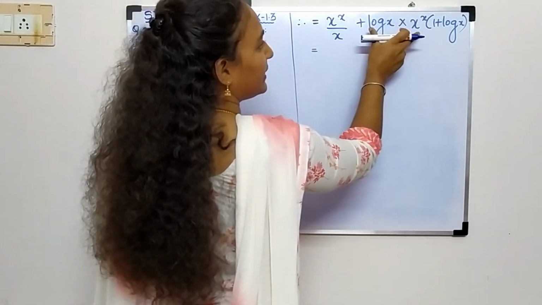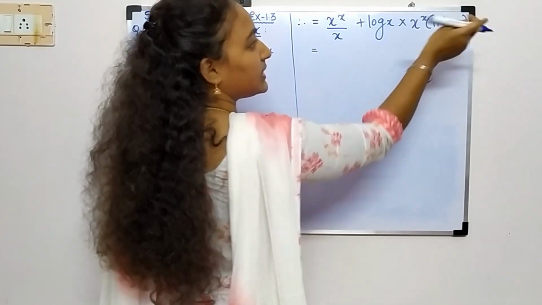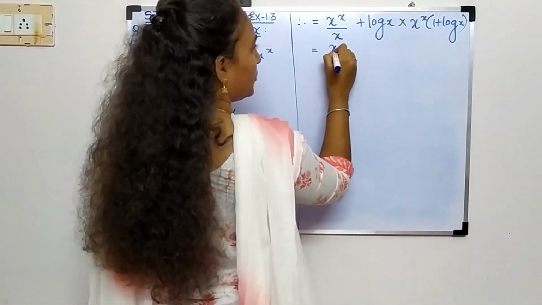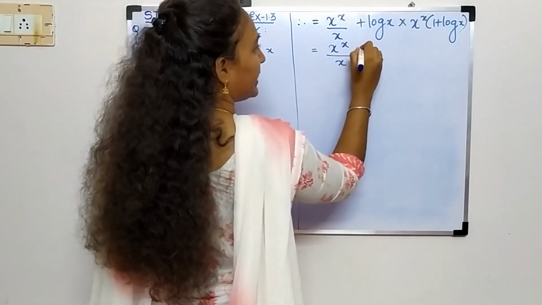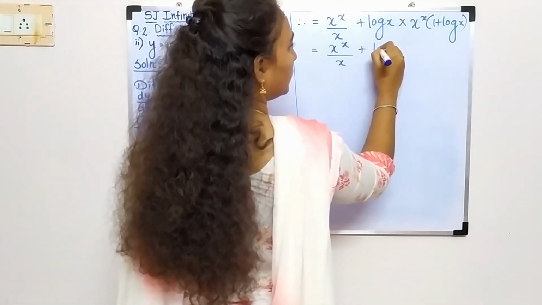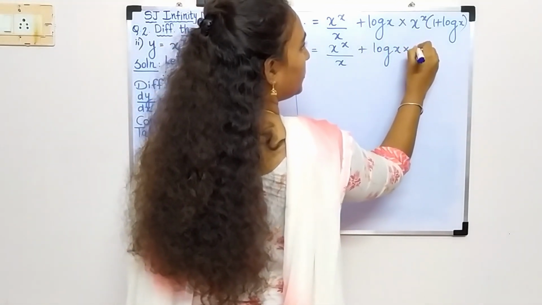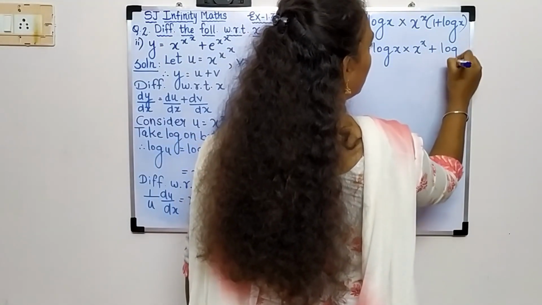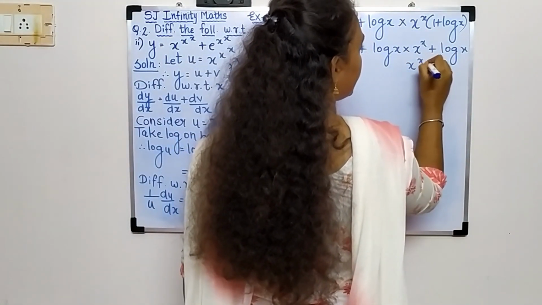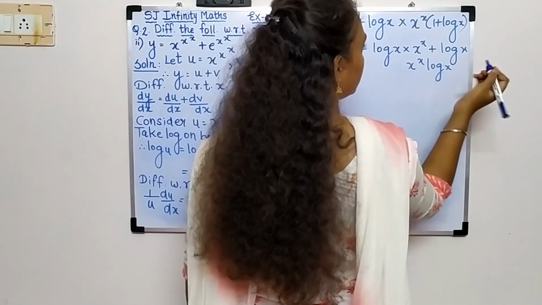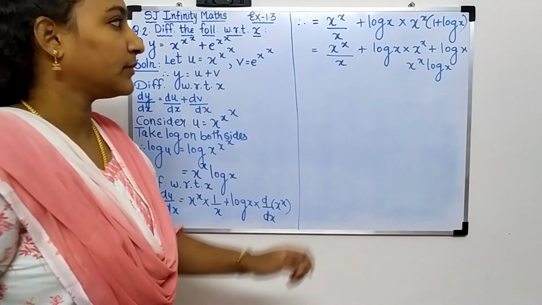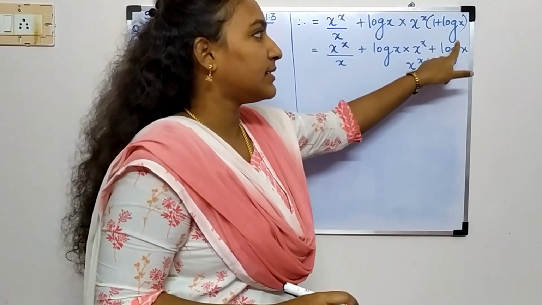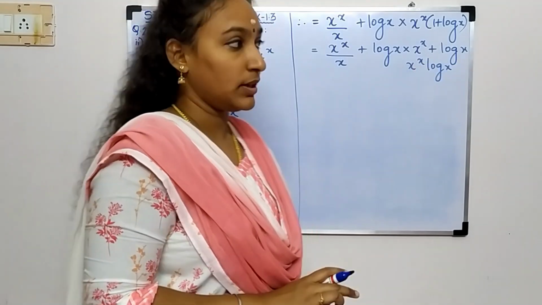Now let us multiply this log x into x power x inside the bracket. So we get x raised to x upon x plus log x into x raised to x plus log x into x raised to x log x. That is log x the whole square into x raised to x.